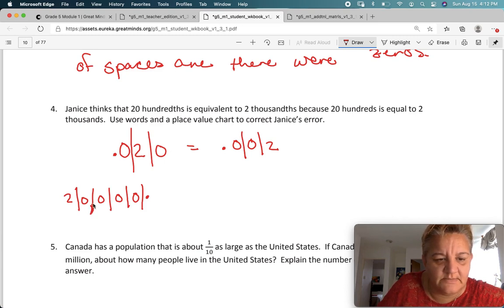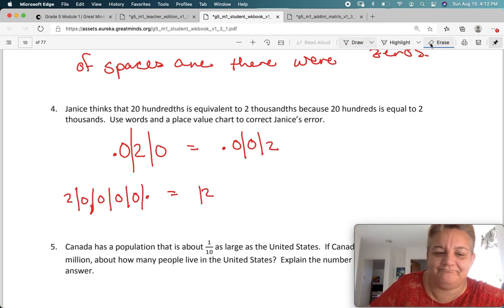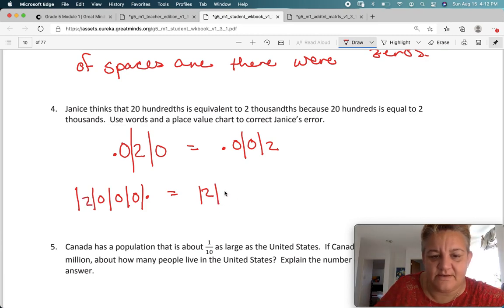Yes, because 20 hundredths is equal to 2 thousandths.